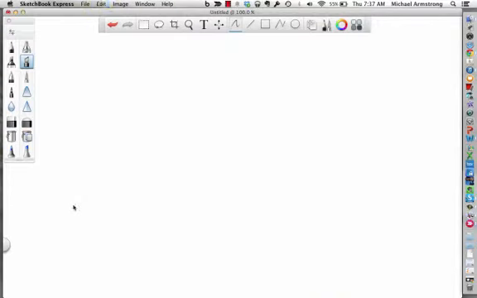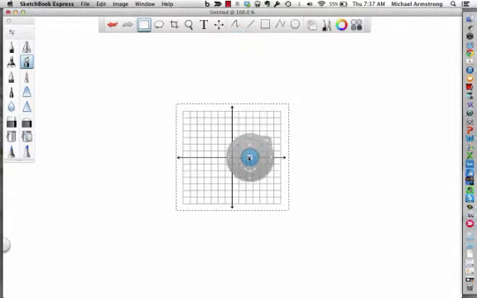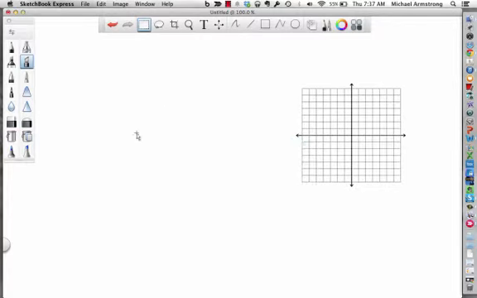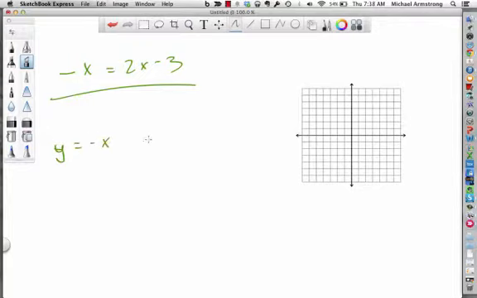Okay, good job. If we want to do the same thing with the graph, we'll see if we can make this work. Negative x is equal to 2x minus 3. That's our equation, and we're going to let y equal both sides. Y is equal to negative x, and y is equal to 2x minus 3.